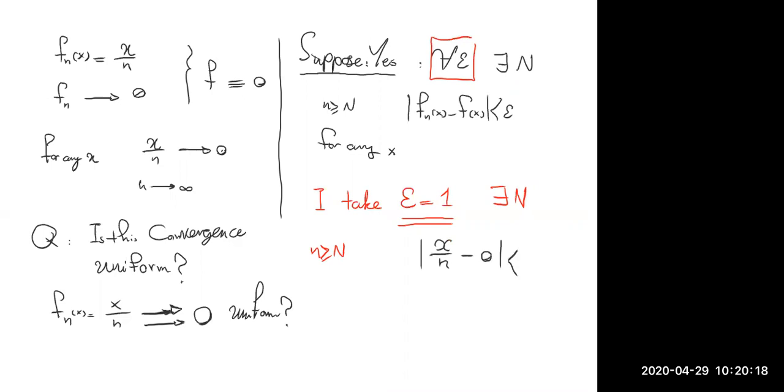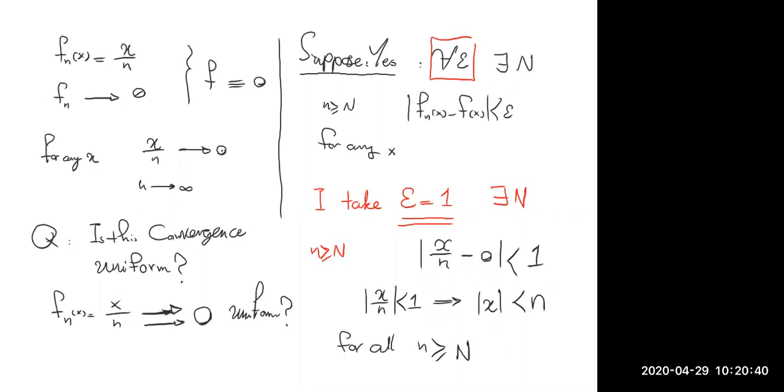This number should be less than epsilon, which is 1. Which means x over n, its absolute value, should be less than 1. And it means the absolute value of x should be less than n for all n greater or equal than N.